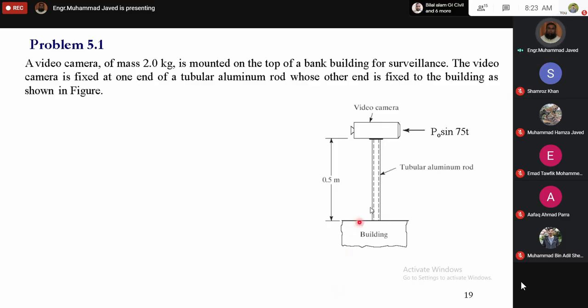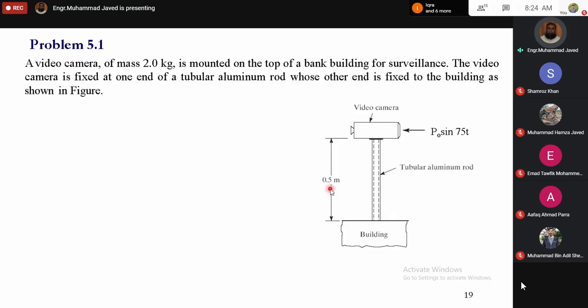In this problem, a video camera is mounted on the top of a building for surveillance purposes, for security reasons, and it is attached to the free end of a hollow aluminum rod. The other end of the aluminum rod is attached to the building top.